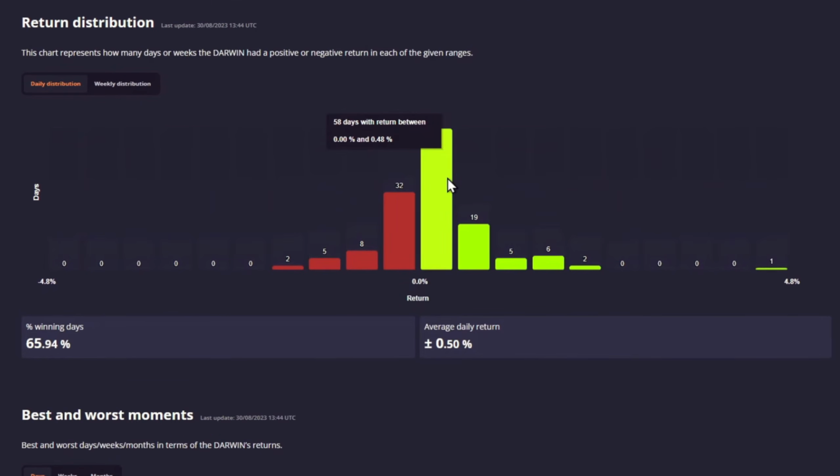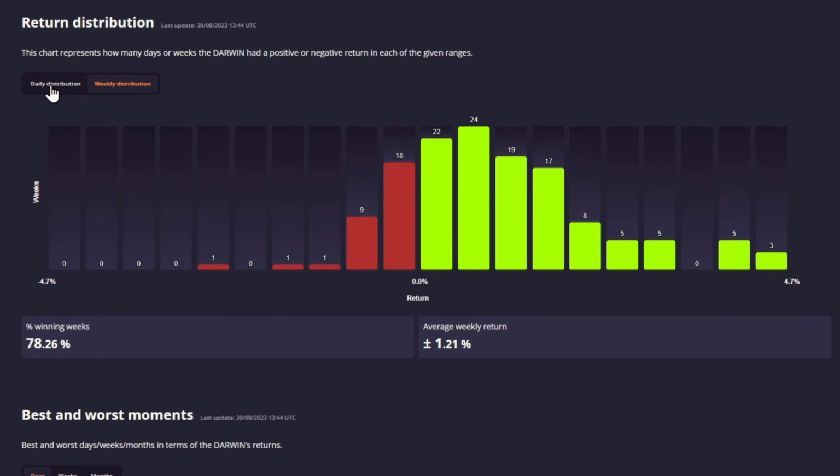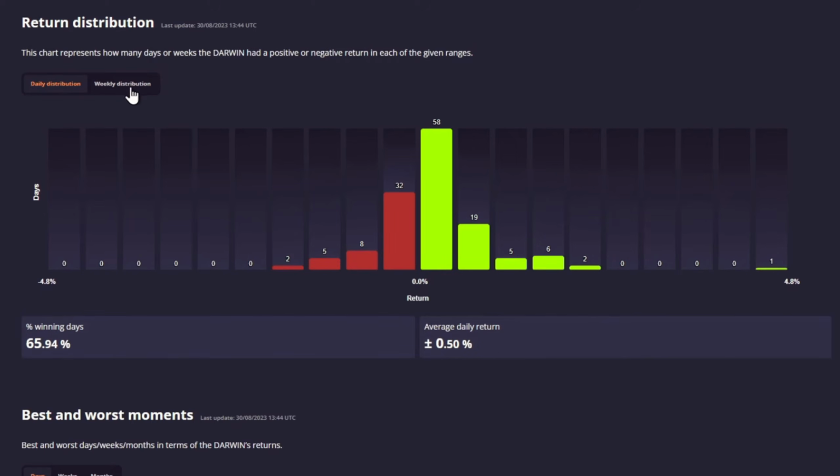This can be viewed using days or weeks and provides the number of times different profit and loss percentages have occurred. For example, here we can see that there have been 57 days with a return between 0 and 0.48%. The size of the buckets on this chart are automatically adjusted to best represent the range of return values.